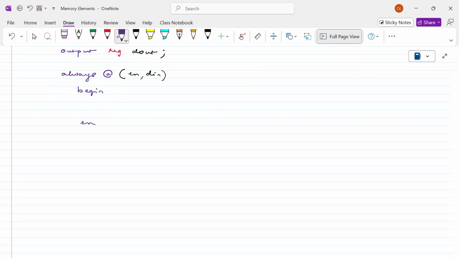and end here. What is the alternative way that I have written? Simple approach: if enable is true, if enable is equal to 1, then Dout is equal to DIN. As simple as that. If the enable is not defined, then whatever the previous value is, that will be there in it.